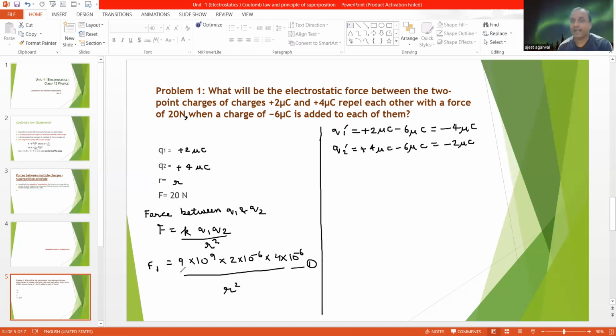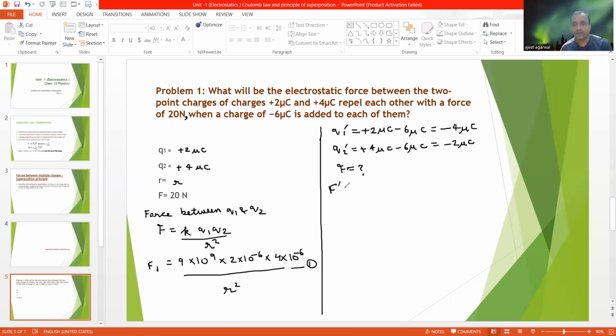Now you can see that both charges are negative. It means similar charges are there, so the type of force will be repulsive. You have to calculate the new force after giving the extra charge of 6 microcoulomb. So what is the new force?